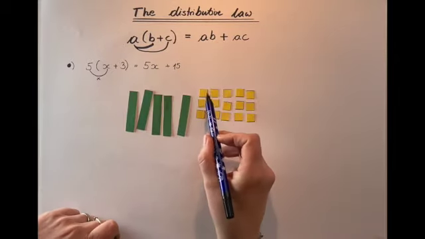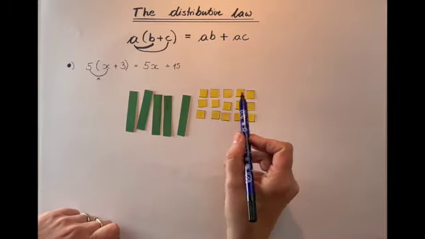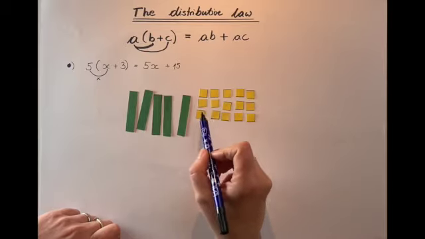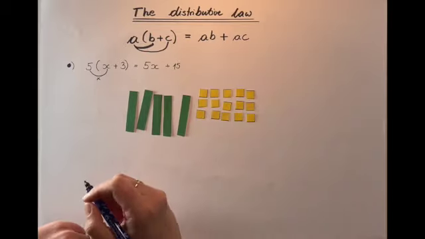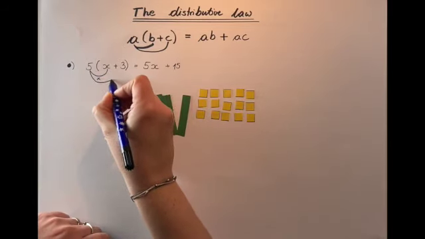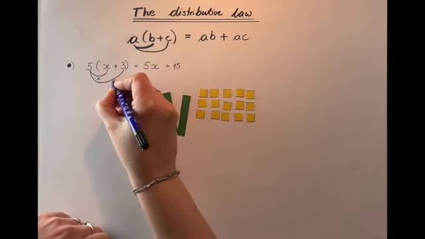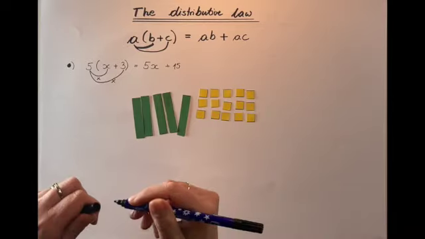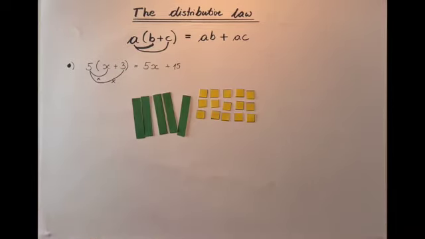And we can count those 15: 1, 2, 3, 4, 5, 6, 7, 8, 9, 10, 11, 12, 13, 14, 15. So this 15 represents 5 times 3, which is 15. And this is the solution to our problem here.